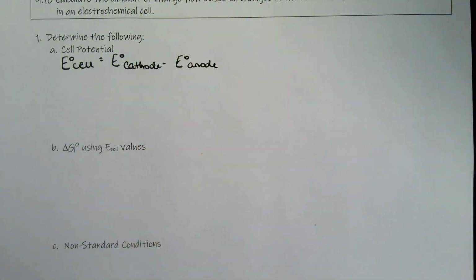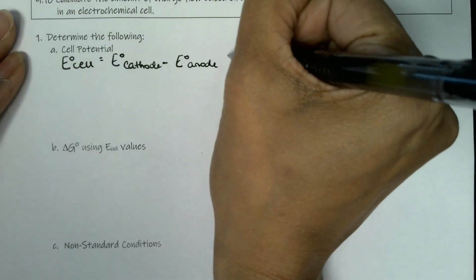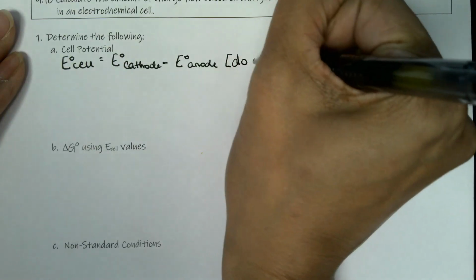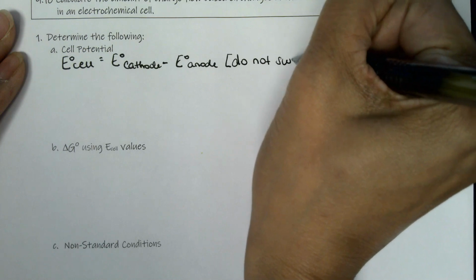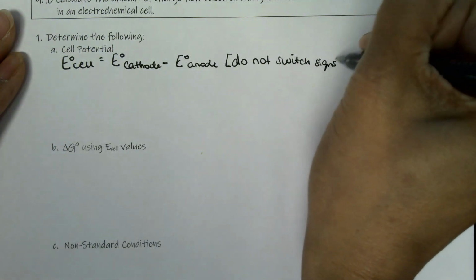To remind you, that E cell value is the voltage of the cathode minus that of the anode. So it's a simple mathematical thing. You just subtract the two. With this one, we do not switch signs, and this will be a little bit more clear in just a little bit as I go through an example of this.